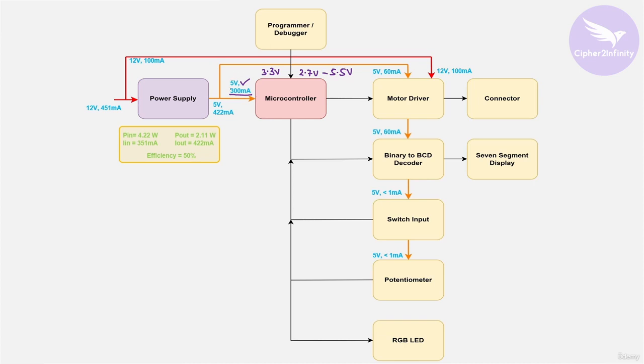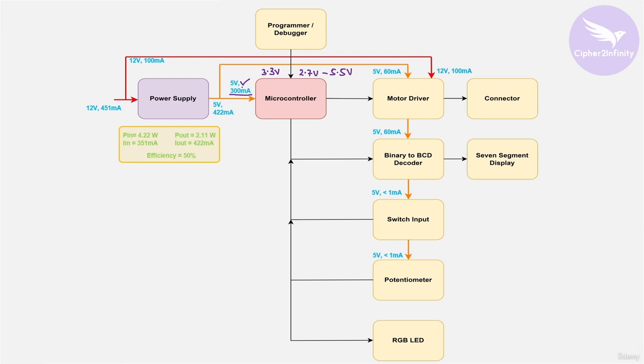That's one of the reasons why we are using a 5 volt power supply to power the microcontroller. Otherwise you can also use 3.3 volt. And another reason is the rest of the blocks are also going to work on 5 volt. So that's another reason why we are using 5 volt to power the microcontroller.